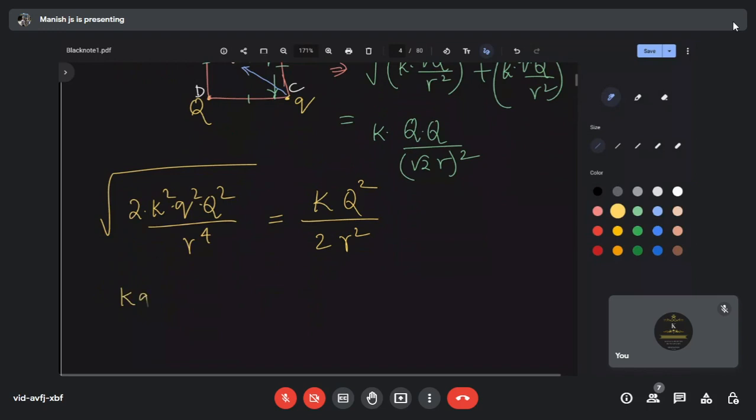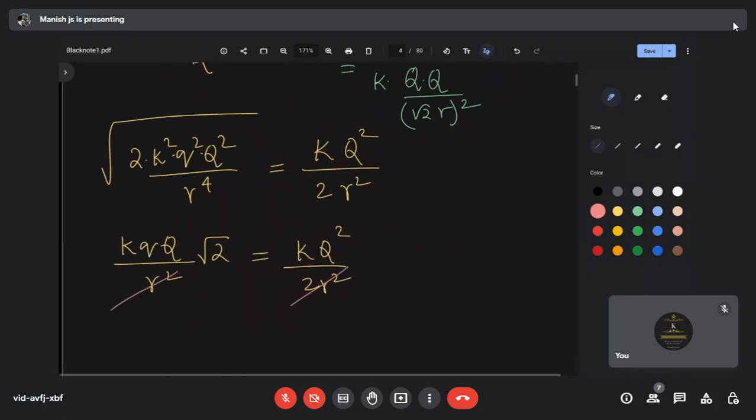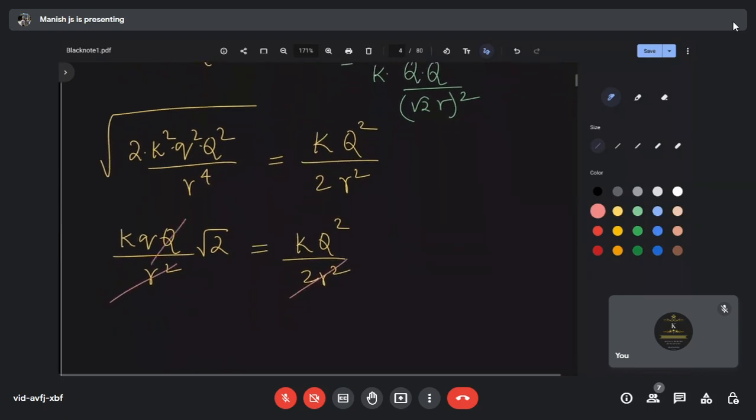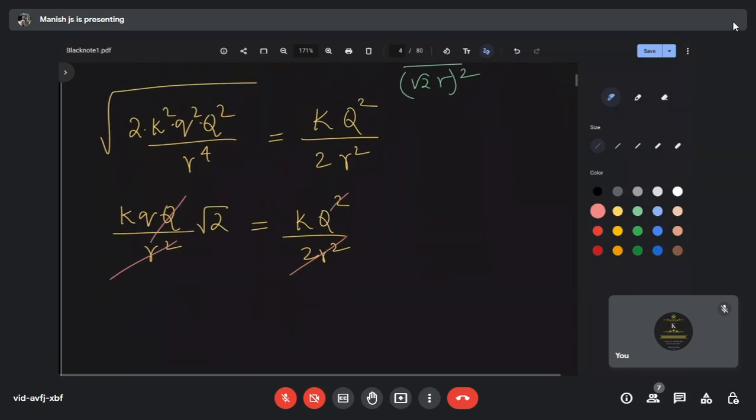So k q times capital Q upon r power 4 comes out becomes r square, isn't it? And root 2 மறந்துடாதீங்க, root 2 இருக்கு, is equal to k q square upon 2r square. So ரெண்டு பக்கமுமே r square and r square cancel. நமக்கு வந்து இங்க ஒரு q இருக்கு, there also q square, you can cancel one of the q's. k also will get cancelled off.